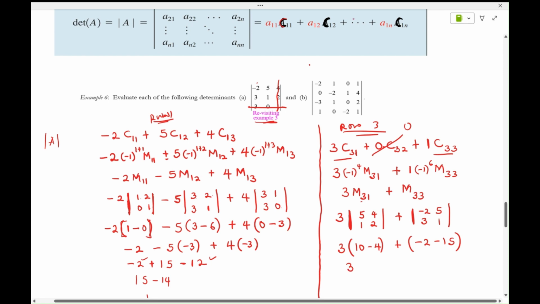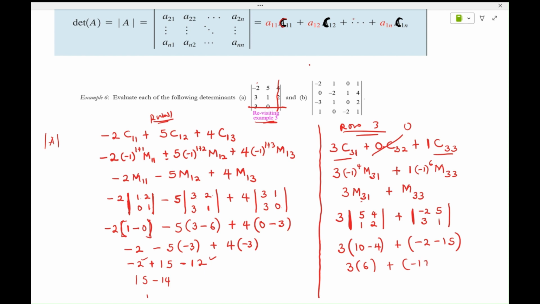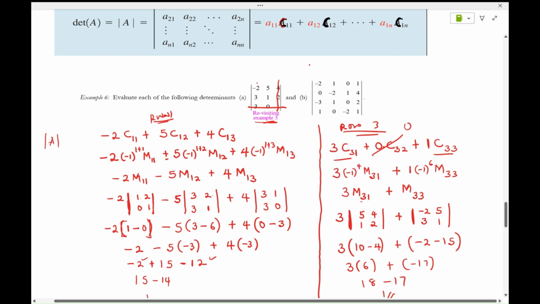So this is 3 multiplied by 6 plus, inside there is just minus 17. So 3 times 6 is 18, and this is going to be minus 17. So you can see it equals 1, which is the same thing.